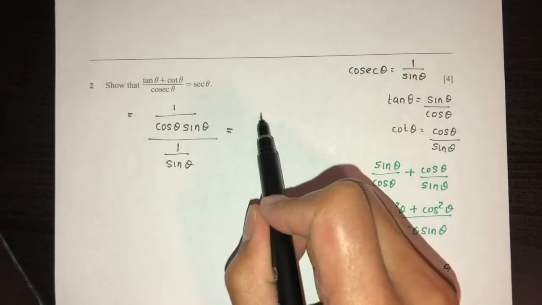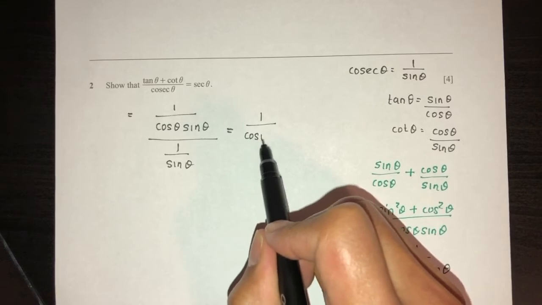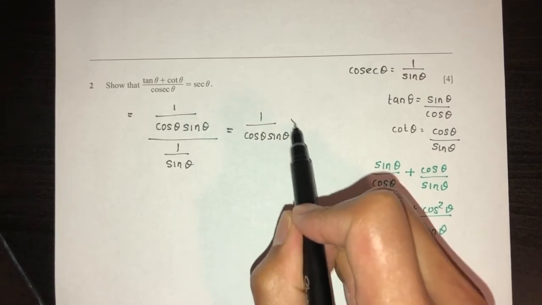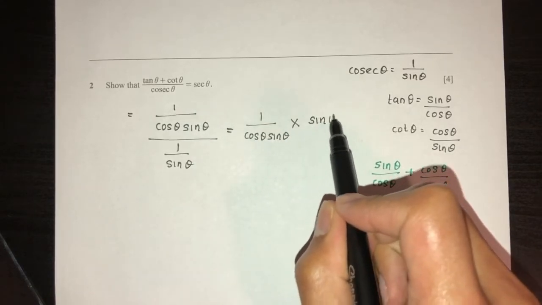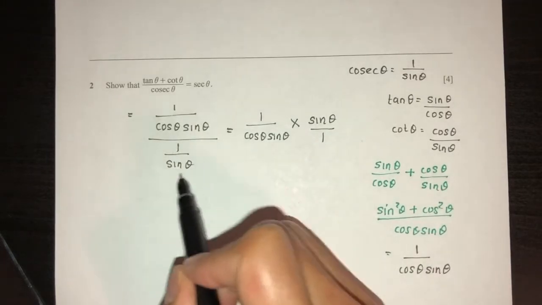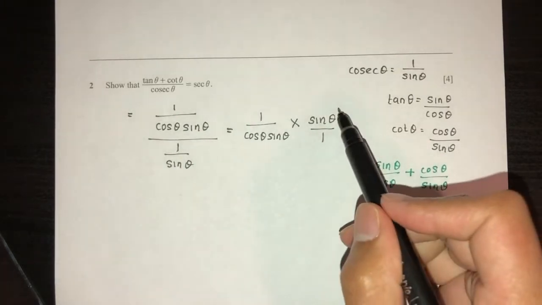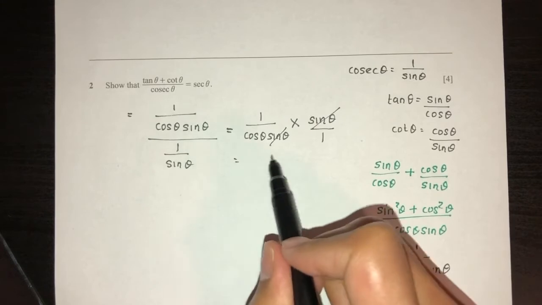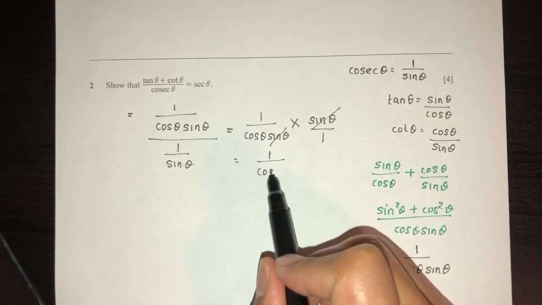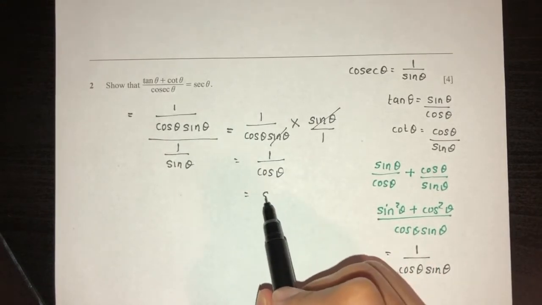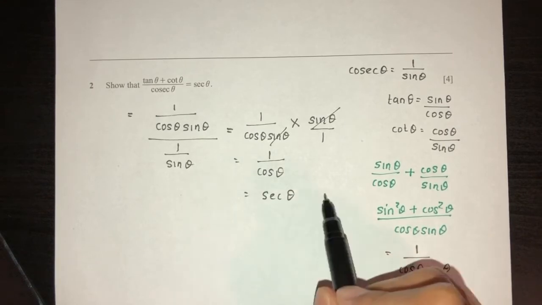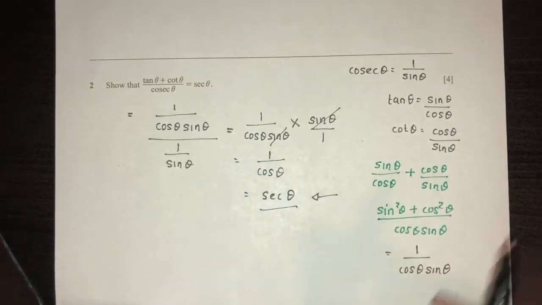This is equal to 1 over cos and sine times sine over 1. When you send this up, it becomes like this. Now these two cancel out. So your answer is 1 over cos theta, and this is sec theta. So that will be shown as required.